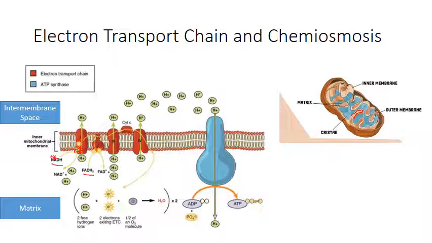So it donates its electrons to one of the carriers in this little complex of proteins here called the electron transport chain. So again, NADH gets oxidized, this protein gets reduced. A series of redox reactions is going to occur because this protein is going to donate the electron to the next one in the chain, who's going to donate it to the next one in the chain, and so on and so forth.